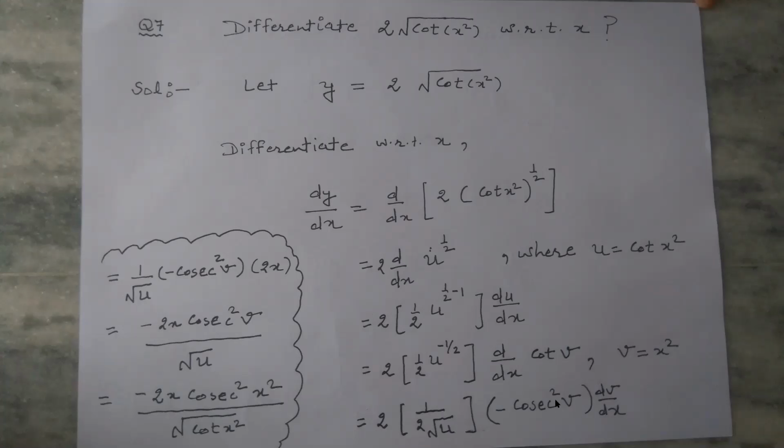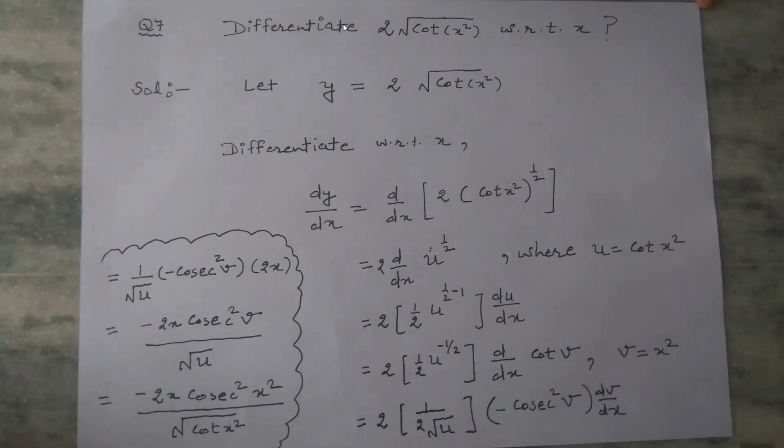This is minus cosecant square v into dv by dx. What is the derivative of v, that is x square? This is 2x. So writing here 2x, now we have minus 2x into cosecant square of v upon square root of u. The basic form of u is cotangent x square, and that of v is x square. So this is the final result.